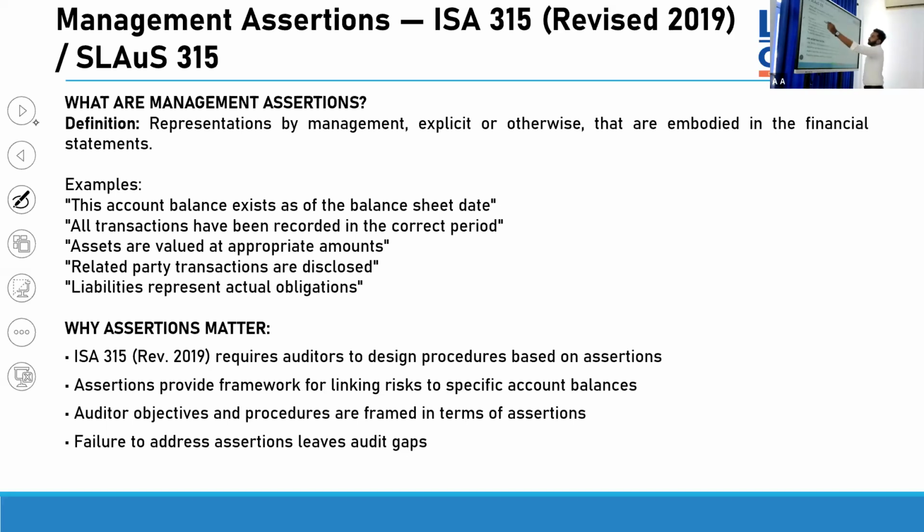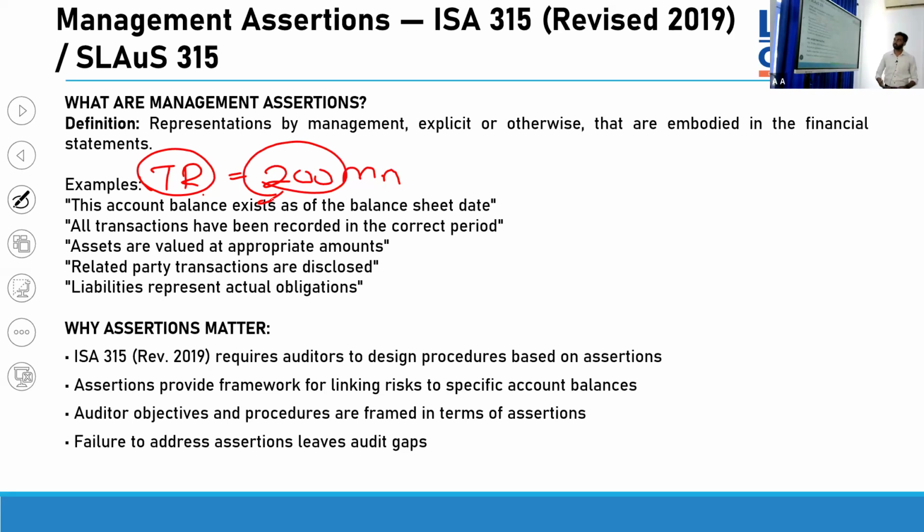Let's say in the financial position, there is a trade receivable balance of 200 million. The representation they use is like this: this account balance exists as of the balance sheet date, which means there are debtors who owe us payment.